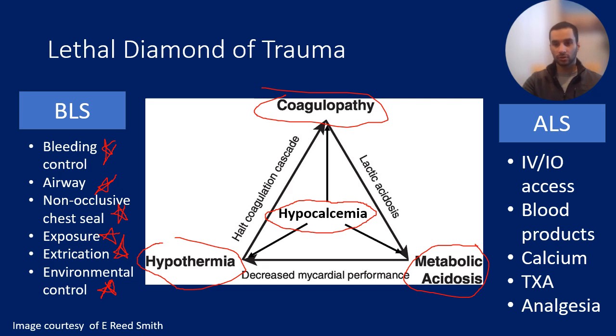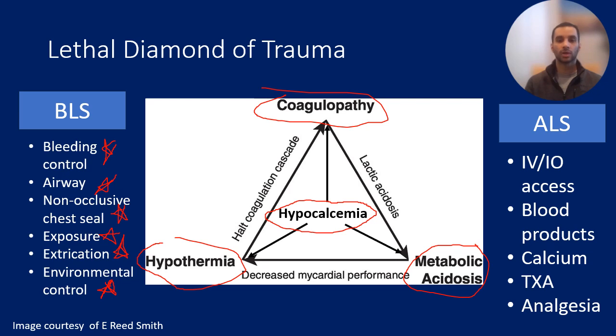Okay, there's a lot you can do at the BLS level, and then the ALS resuscitation part comes in with IV and IO access, blood products, TXA, etc., what I've listed here, okay? But I want to point this out to you because you can really make a difference in trauma with these BLS interventions, because these are going to help stop the factors that are in this lethal diamond of trauma.